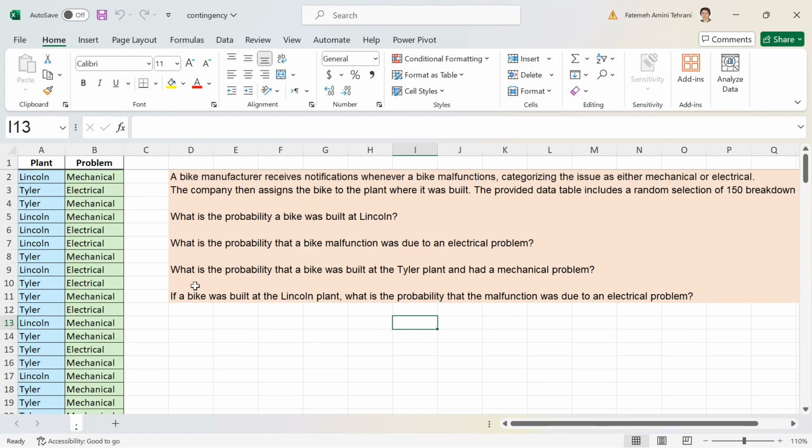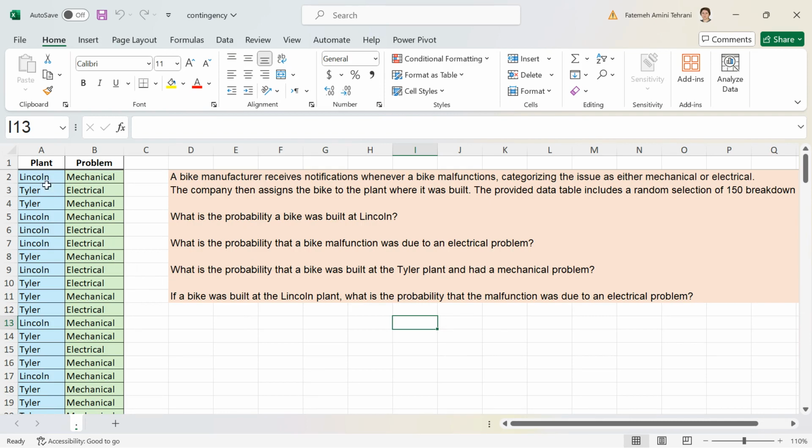To answer these probability questions, I'm going to make a contingency table for this data table. I'm going to make the contingency table by using a pivot table, and then convert it to a joint probability table to answer the questions we have here.